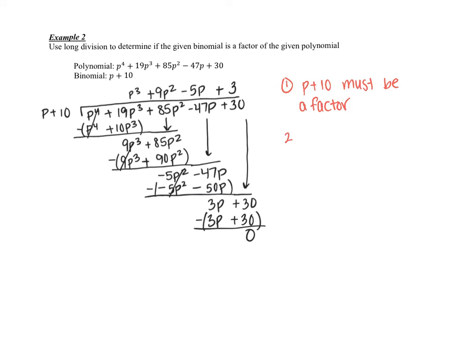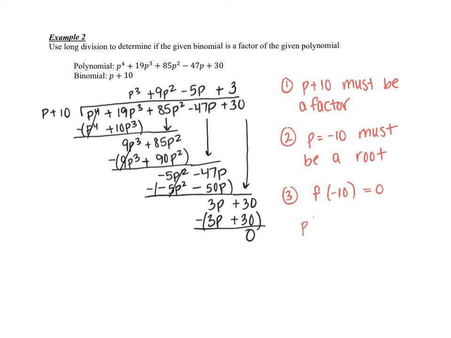Okay, then it concludes that the opposite sign, p equals negative 10, must be a root. And the third thing that it concludes is that f of negative 10, if I plug in the root, I should get 0. So let's test it out.